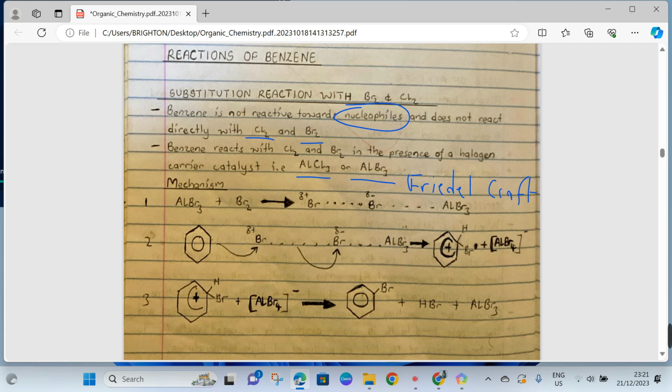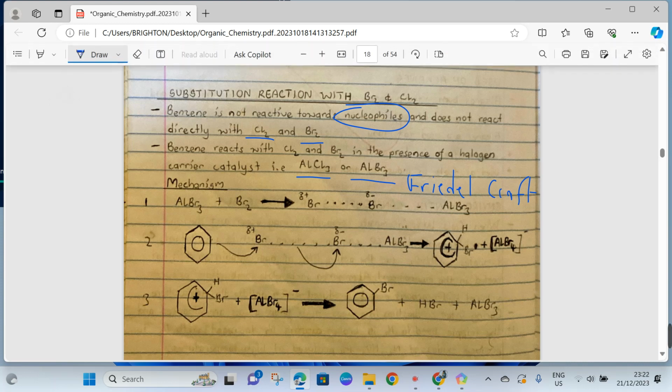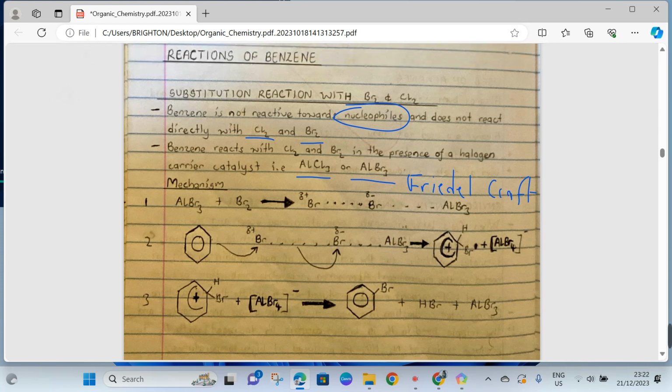So let's say chlorine. Let's say we also have another Friedel-Crafts catalyst, such as FeX3, where X is chlorine or bromine.